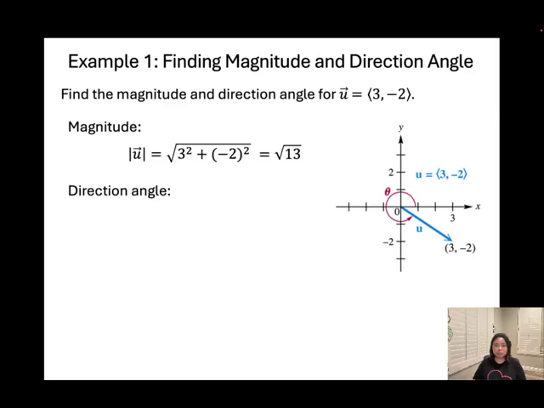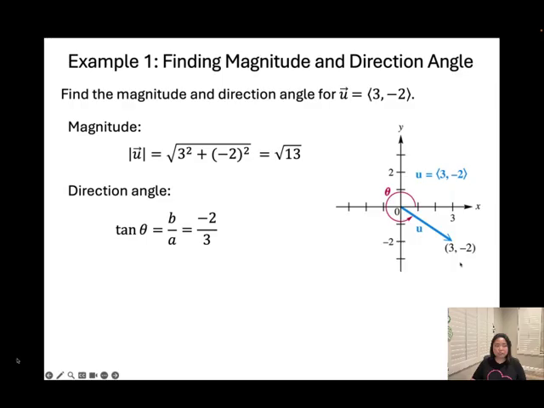Now we want to find the direction angle. You can find the theta in between here. So tangent theta equals opposite, which is negative 2, over adjacent, which is 3. Since the angle starts from 0 here, then 90, 180, 270 until here, and we have negative 2 over 3, the angle you find from this formula will be negative.